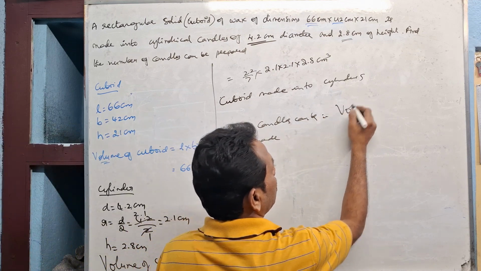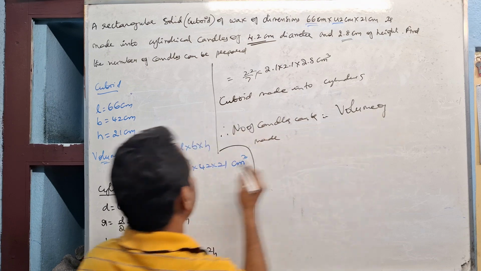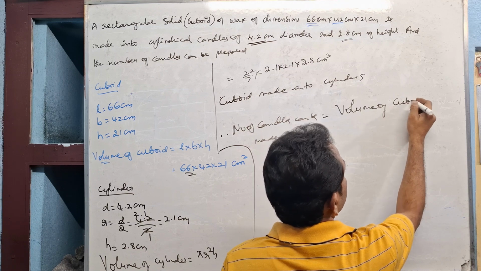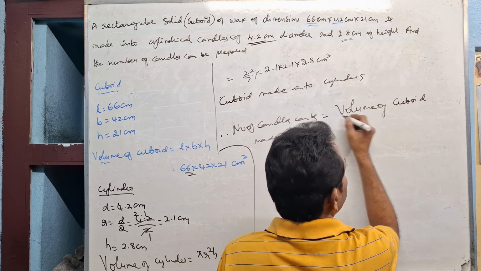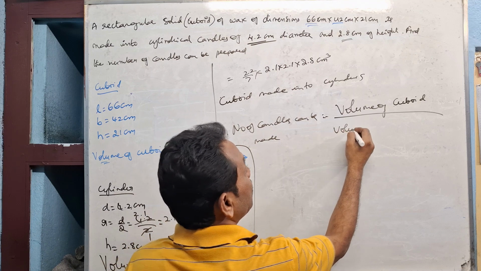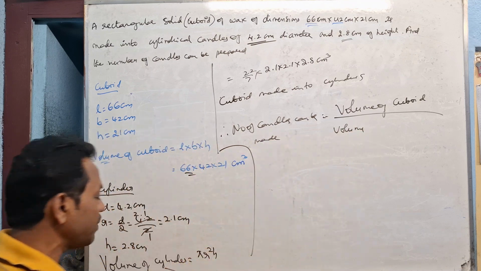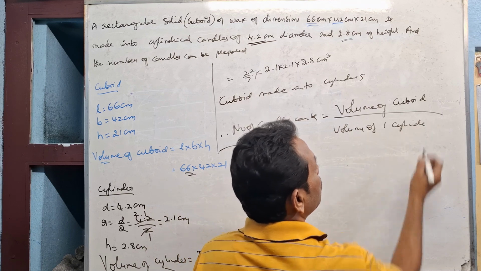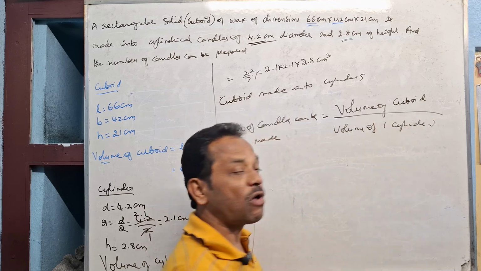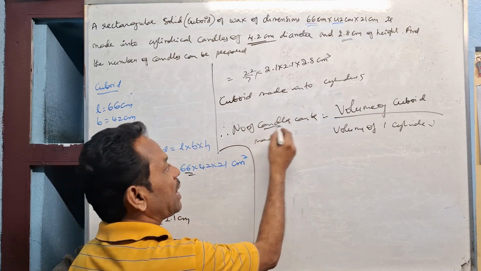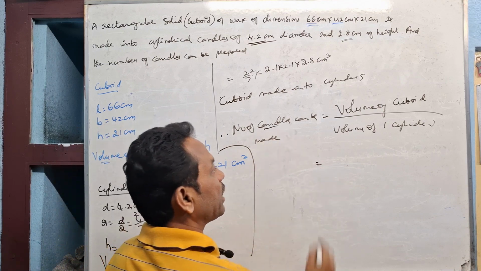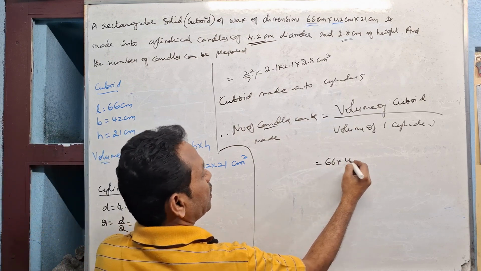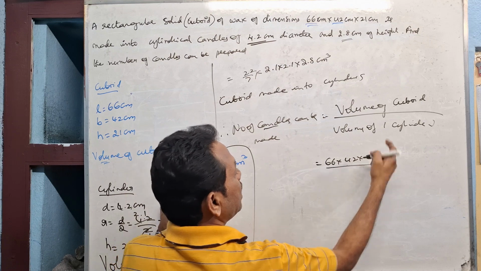In the numerator I'll take the volume of cuboid, and in the denominator the volume of one cylinder. When I divide the volume of cuboid by the volume of one cylinder, I get the number of candles we can make. So the volume of cuboid is 66 into 42 into 21, divided by the volume of cylinder.